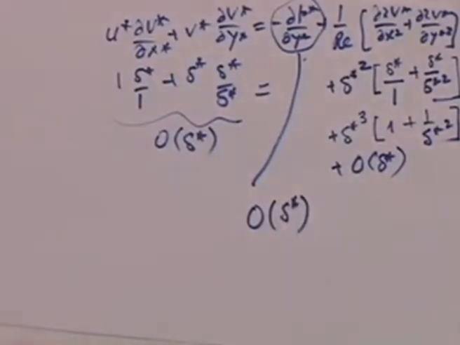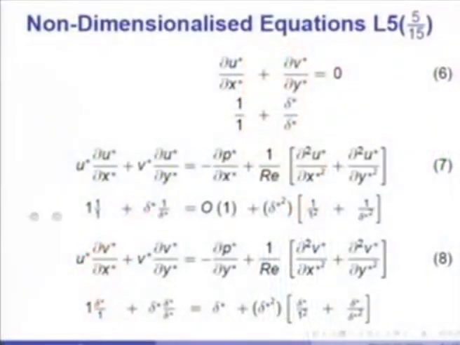So, we conclude then that in the x momentum equation each term is of order 1, whereas in the v momentum equation or the y momentum equation each term is of order delta star. Therefore, this equation as a whole can be ignored in preference to that equation, which is much bigger.